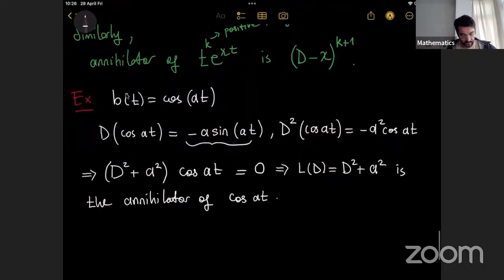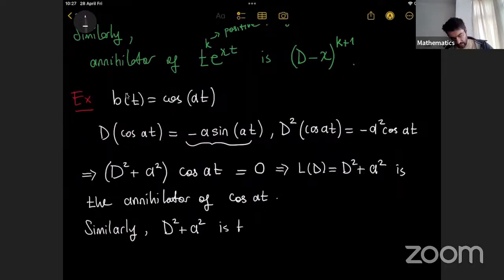And similarly, d squared plus a squared, the same operator, is the annihilator of sine at. You can check this yourself. Sine at. Check this yourself, okay?